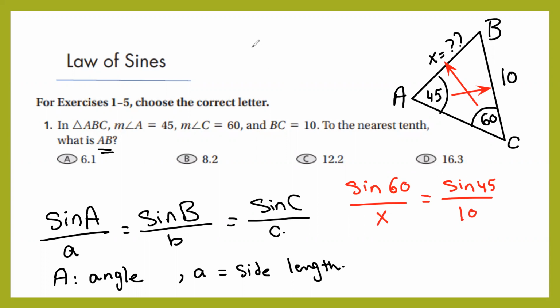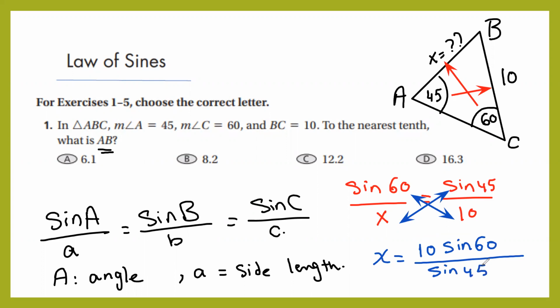Now let's use the cross product. If you're using cross product in this case, that's right. So here x equals 10 sine 60 divided by sine 45. Use the calculator, and that's all.